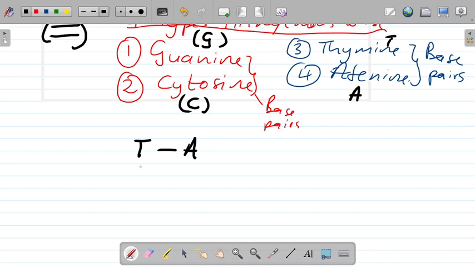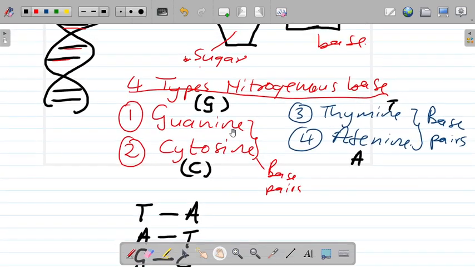In RNA, thymine and adenine are completely different, but that's another story. When you see A, it bonds with T only. Alternatively, when you see G, guanine, it bonds with C through weak hydrogen bonds. When you see cytosine, it bonds with guanine. And then repeat the base pairs. So this is the structure of DNA.